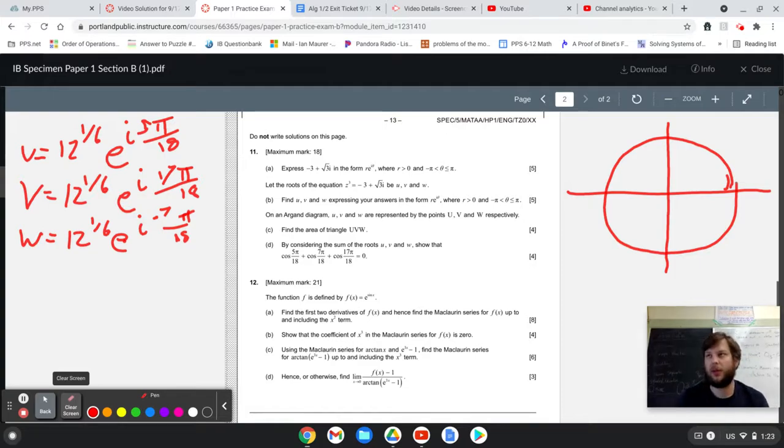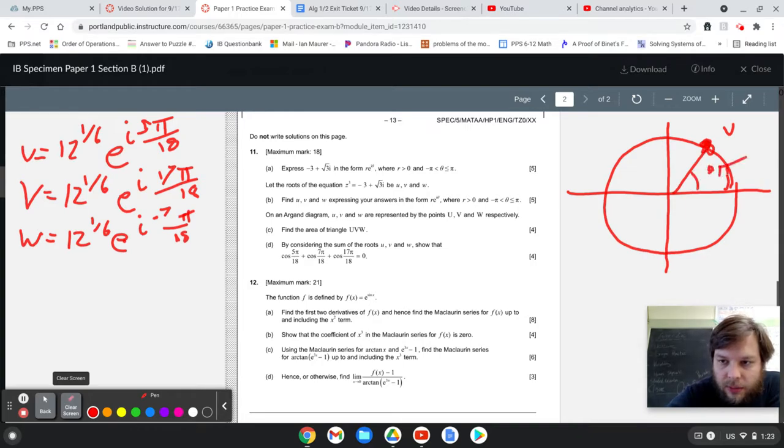5 pi out of 18 is a little bit under a third, so kind of like 60 degrees. I'm going to mark approximately where U is, because this angle up to this point right here is approximately 5 pi over 18.